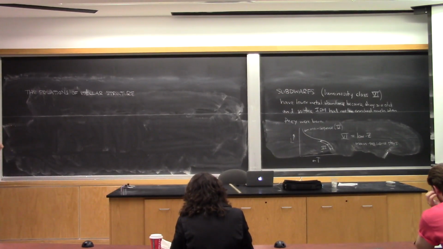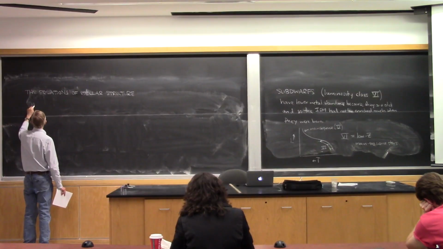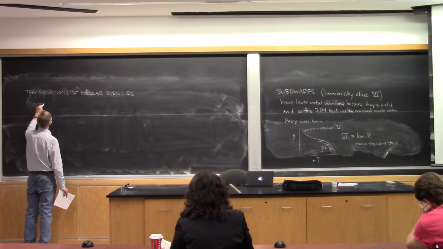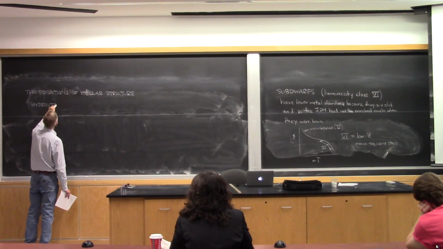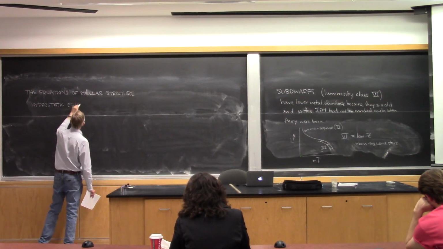There are four fundamental equations of stellar structure that describe various aspects of the physics. The first one is the equation that describes hydrostatic equilibrium.